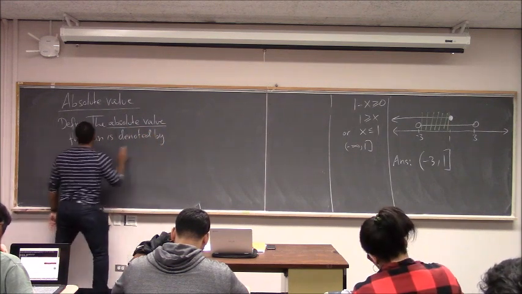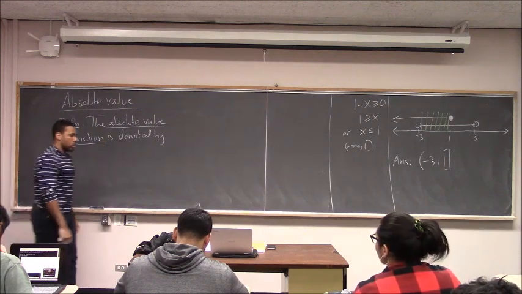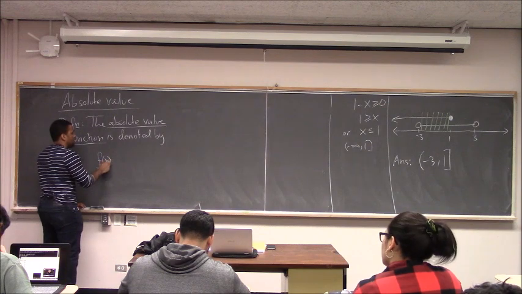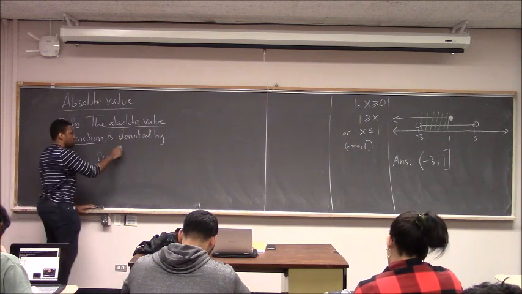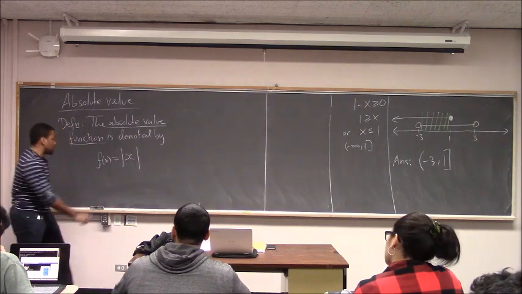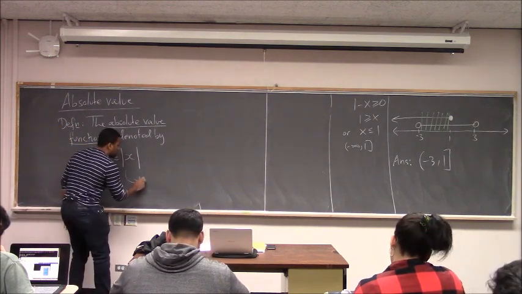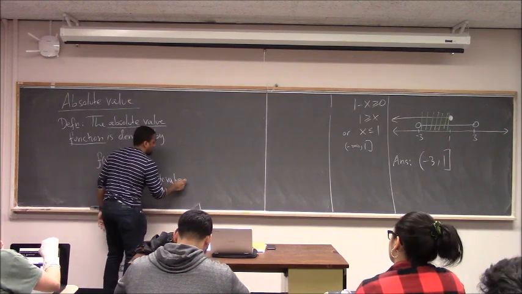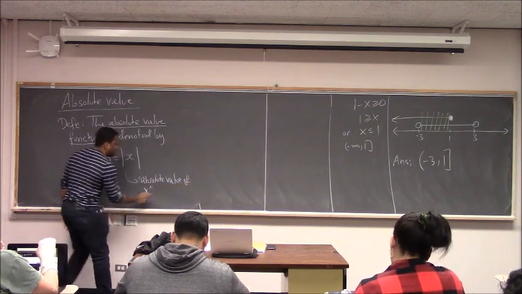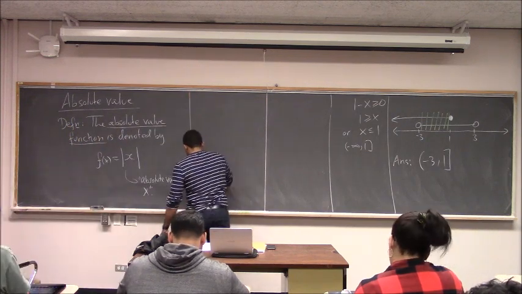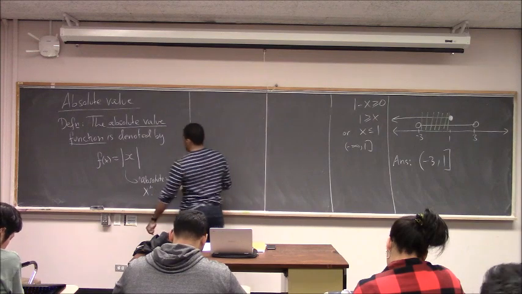So there's a function that we call the absolute value function. And it is denoted by this notation, straight line bars with the x in it. This is called absolute value of x. The function is defined in the following way.